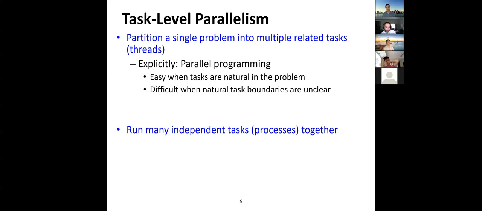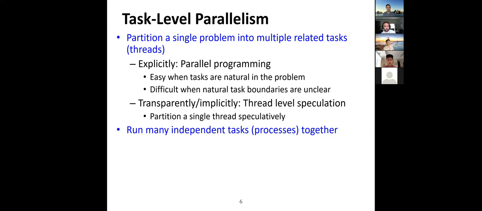The problem with explicit parallel programming is that it becomes difficult when the natural task boundaries are unclear. When you get regular sequential code, and most programs and algorithms we wrote are typically sequential, it becomes a problem. It's not easy to explicitly write what the task or thread should be, so that parallelism is not easy to exploit.